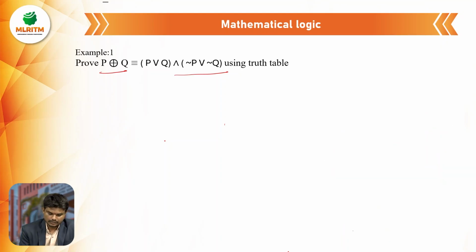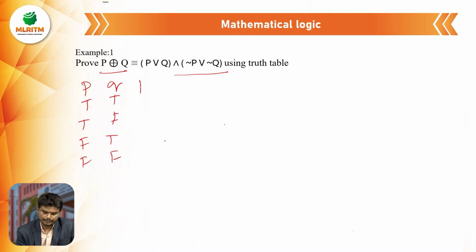So first take the two propositions P and Q. First one is P and second one is Q. Then we have four cases: true, true, false, false, true, false, true, false.